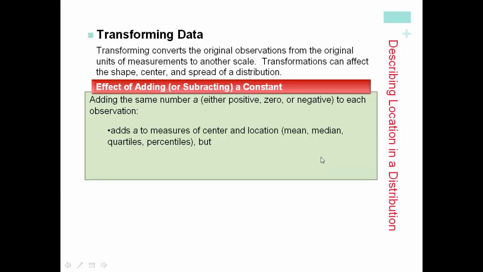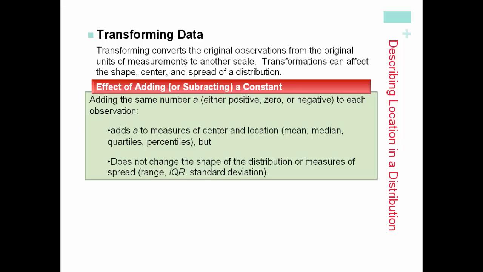Transforming data can affect the shape, center, and spread of a distribution. Adding the same number to each observation adds that same number, A, to measures of center and location, which are the mean, median, quartiles, and percentiles.